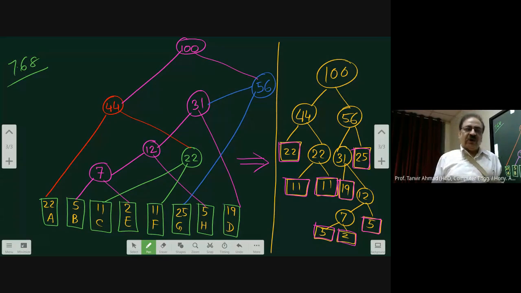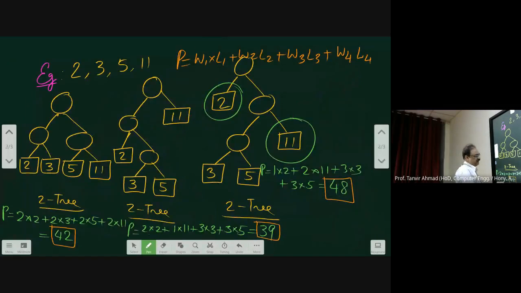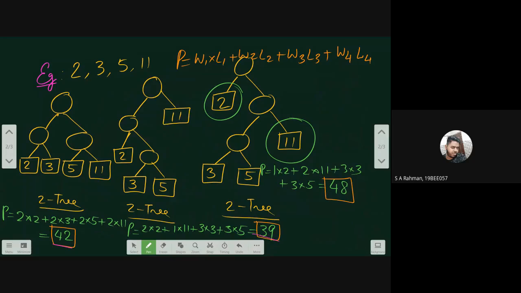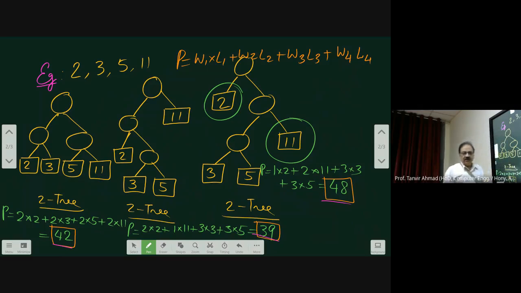Now, if you are going to calculate the weight, what we have done over here is we have calculated these weights. The meaning is this: with this number of nodes, the weight is equal to 100.